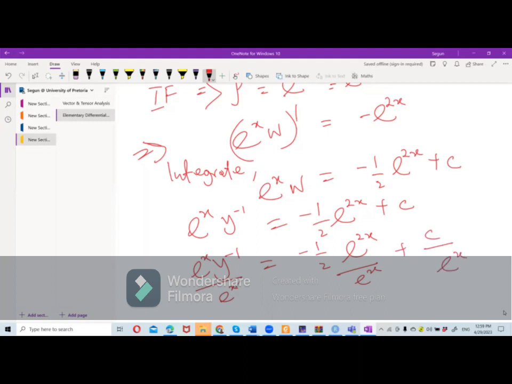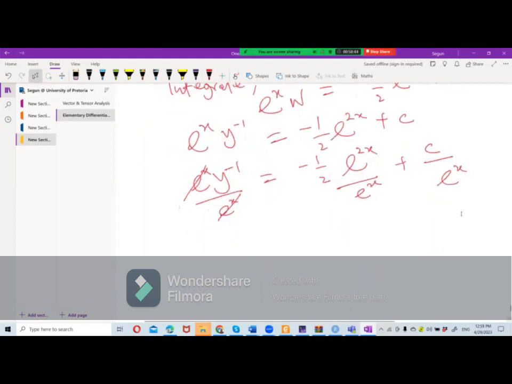Remember, this will go with this. After that, you have y raised to power minus 1 equals to, remember that this is the same thing as minus 1 over 2 exponential 2x dot exponential minus x. You agree with me? Plus c exponential minus x. Any question with that?